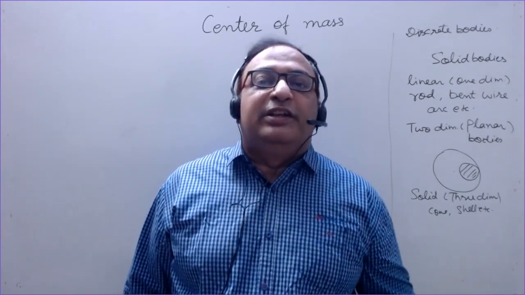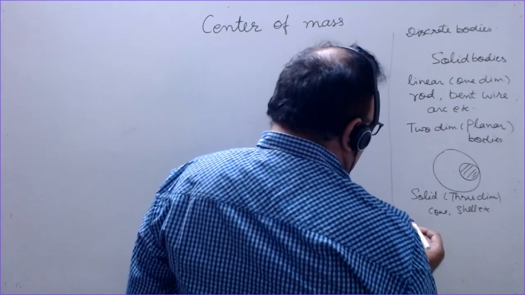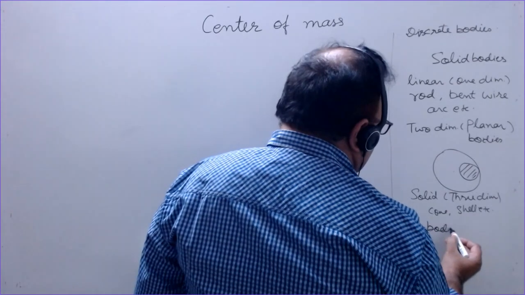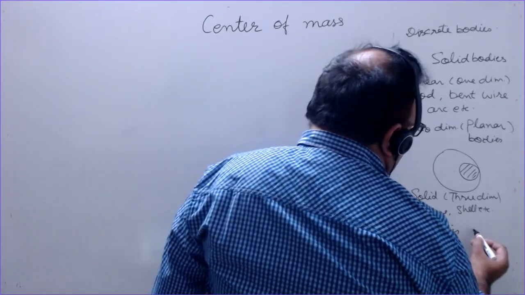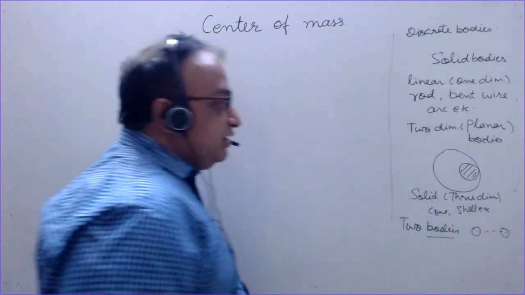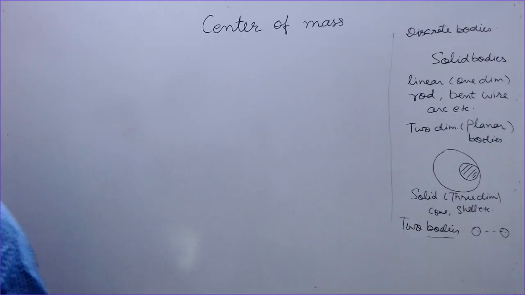These are called discrete bodies. And we have the two body problem. Two bodies kept at a certain distance are not joined to each other, and we have to find the center of mass of these two bodies. It's called the two body problem. So these things we are going to discuss here.